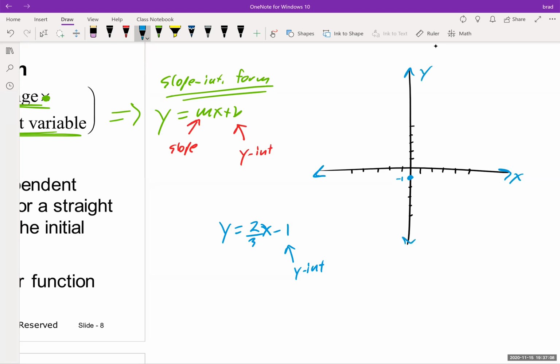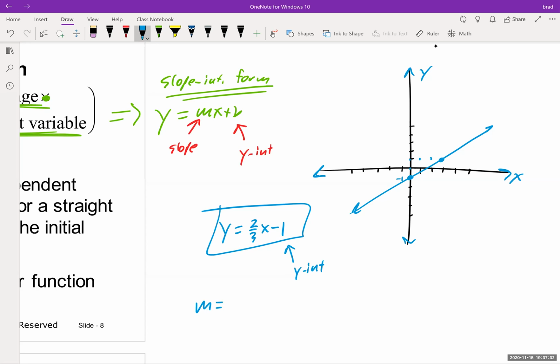Then I'm going to rise 2 and run 3. So I go up 1, 2, and then run 1, 2, 3. Connect the dots, and I have my line. That's why this is such a nice way to write a line, because it tells us everything.